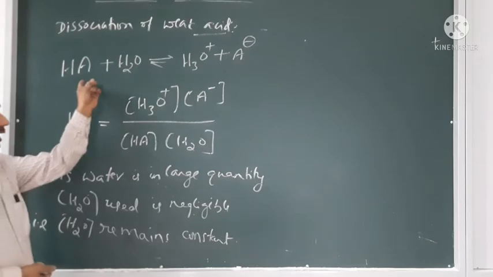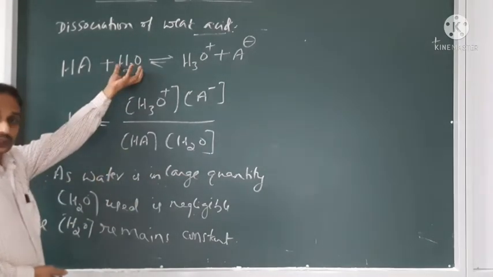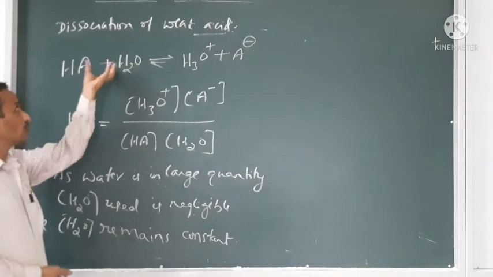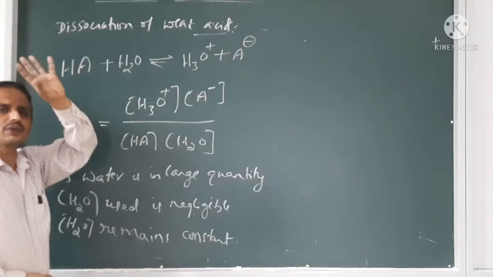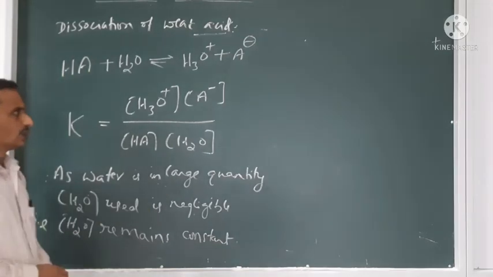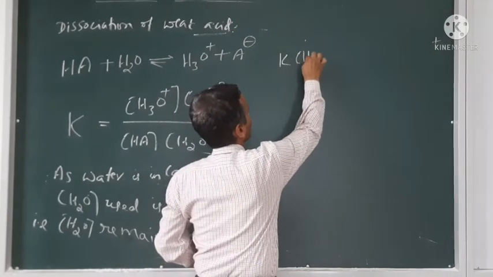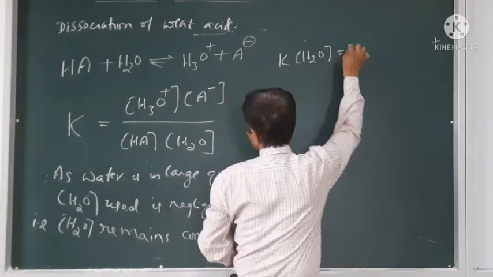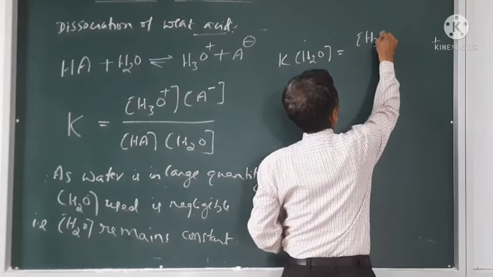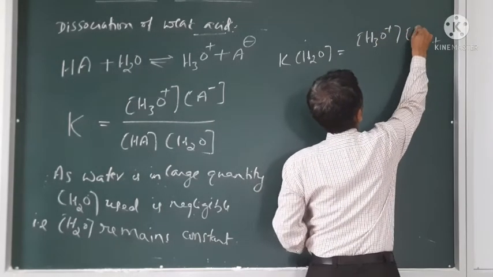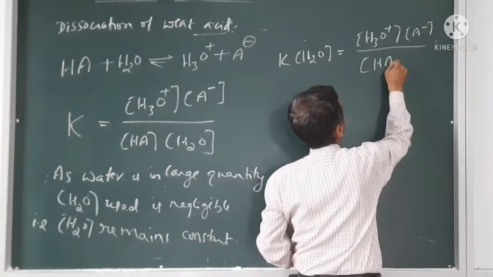We are adding the water and the solvent is in large quantity, so the water used for this ionization is to a very small extent, and the water remains almost constant. So what happened there? K into water concentration is equal to H3O plus concentration into A minus concentration divided by HA.